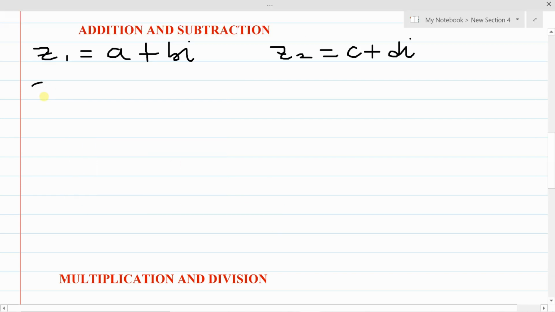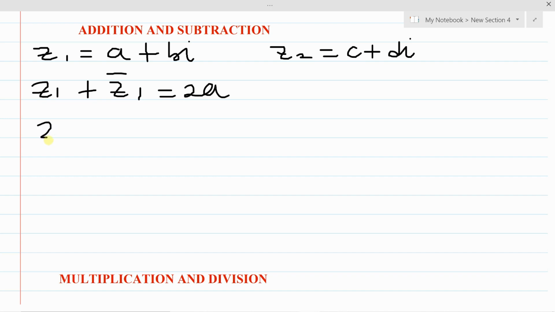We are saying that z1 plus z1 bar is always equal to 2a. That is just 2 times the real part. We are saying that z1 minus z1 bar is equal to 2bi, right?